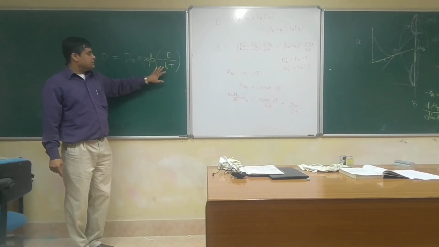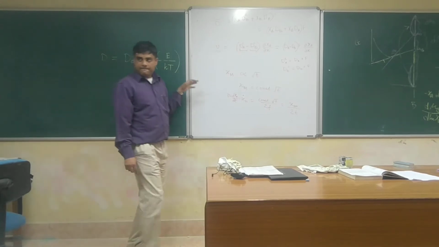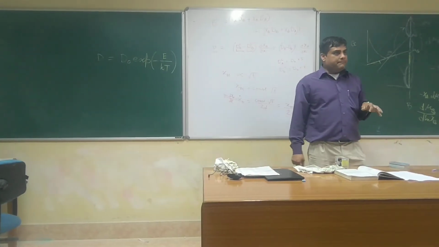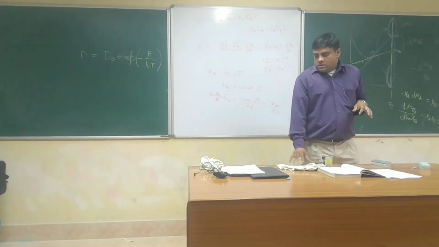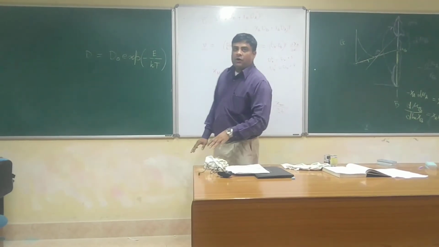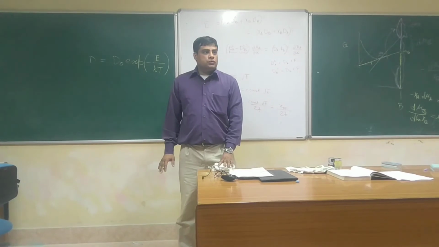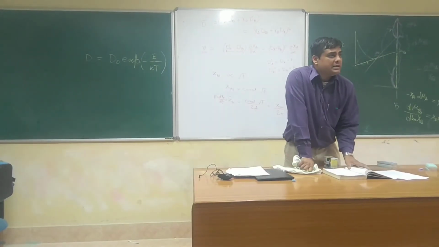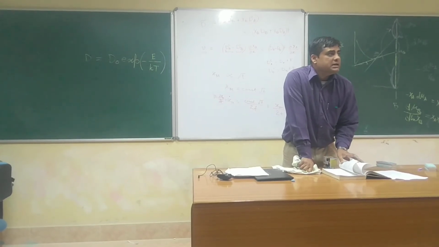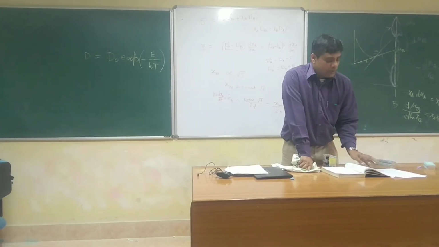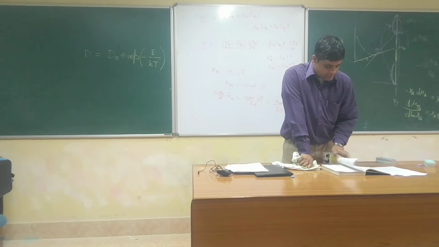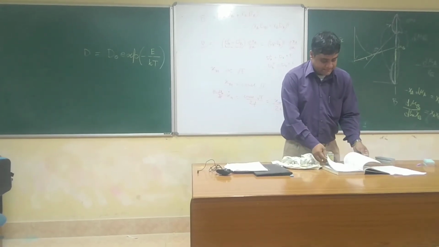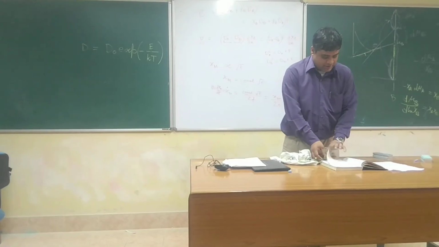If it is per mole, then R. At any temperature, is the activation energy of diffusion higher or lower for grain boundary with respect to lattice? Grain boundary is lower.